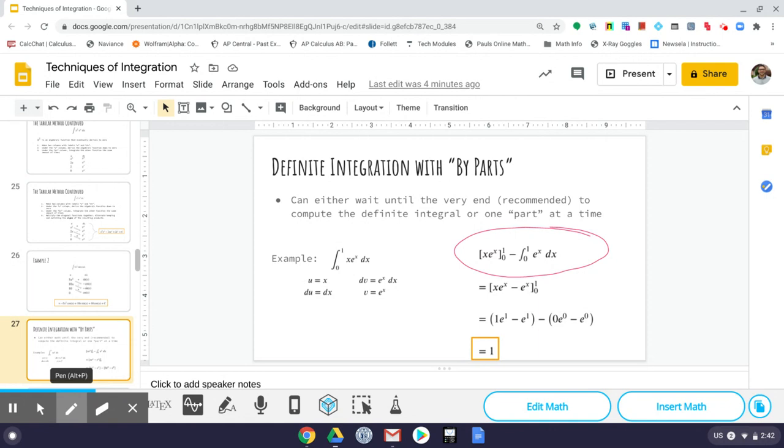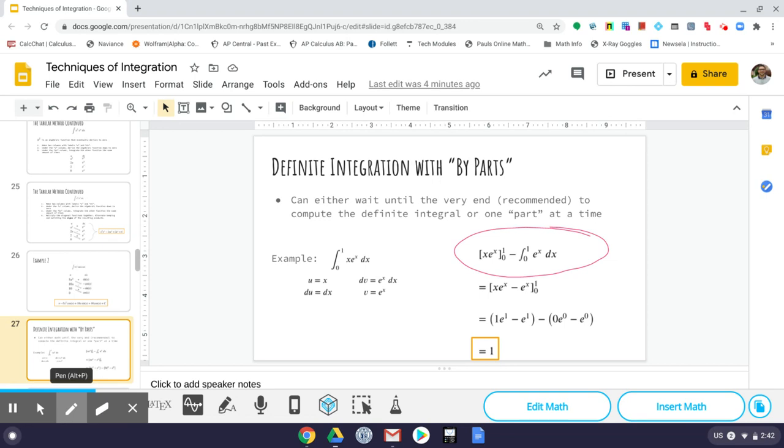So I could technically evaluate x e to the x from 0 to 1 with f of b minus f of a, f of 1 minus f of 0, and leave that to the side, and then do a separate definite integral from 0 to 1 of e to the x. But then I would have to evaluate that integral and then combine those two parts together. So I think it's actually easier to finish with integration by parts, then evaluate at the end.